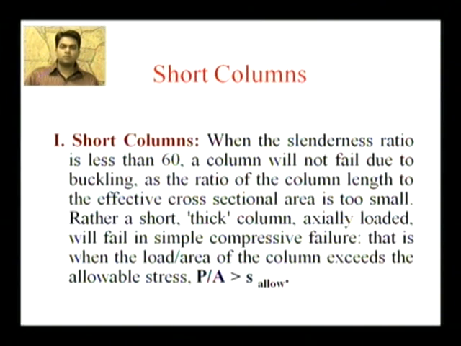Means एक short column एक ऐसा column होगा, it will be like this much of length and this much of width. अब इसको अगर हम top से pressure exert करेंगे, it will not fail due to buckling, we can say. Rather, a short or thick column axially loaded will fail in simple compressive failure.